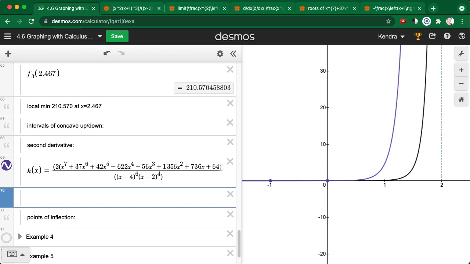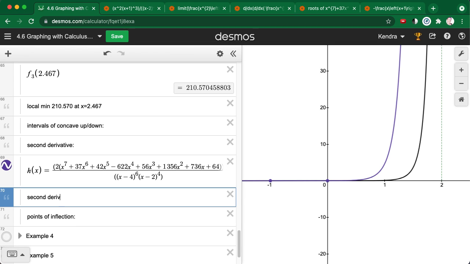Because I'm going to do the same thing I did with the first derivative, where I ask it to evaluate the second derivative at some points between the places where the second derivative is 0.